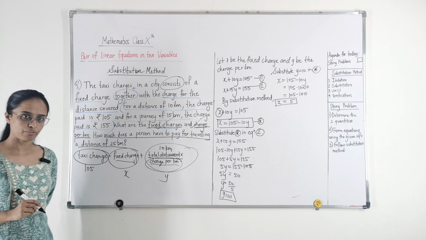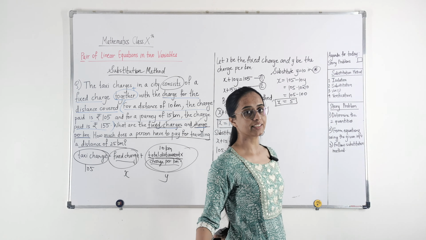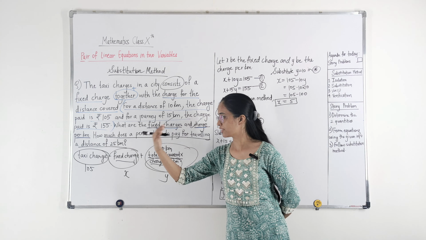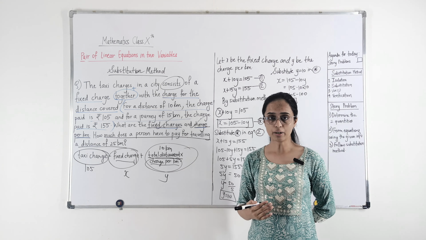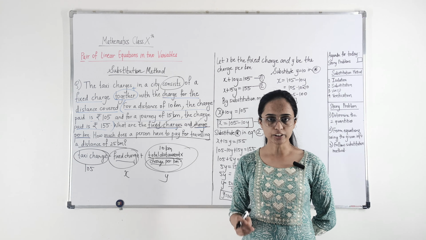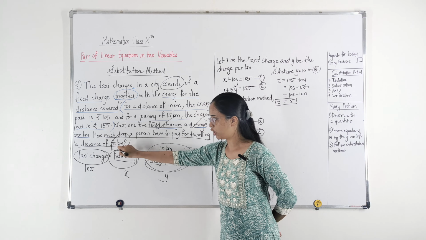Now you have to be very careful. Here they are now asking you कि total taxi charge कितना होगा, because the question says how much does a person have to pay. Now you are supposed to find the total taxi charge a person has to pay for traveling a distance of 25 kilometers.